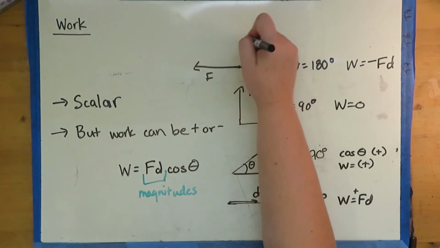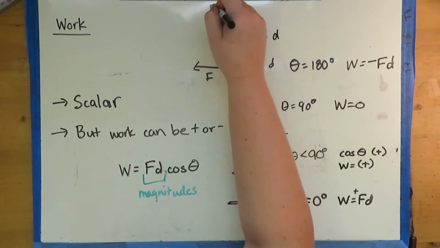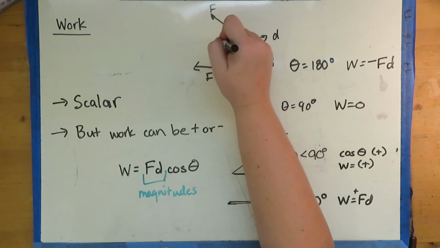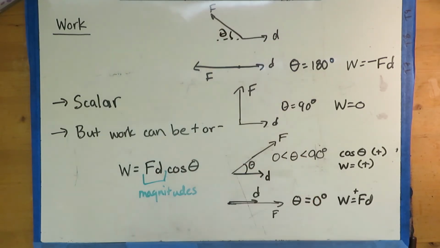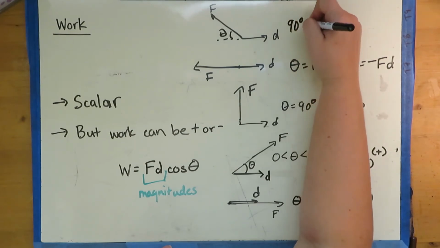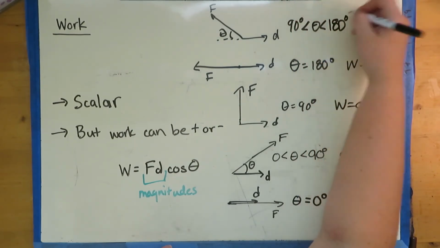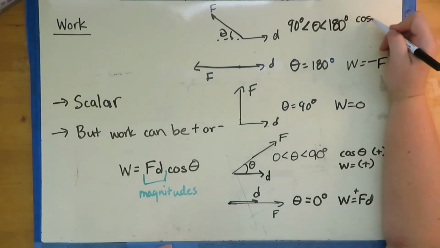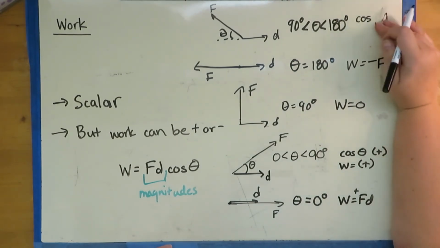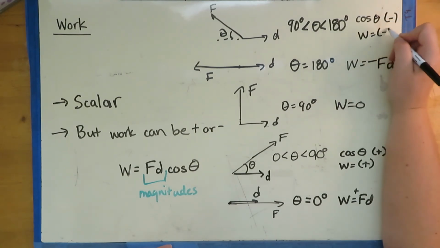So I get a positive F d when they're parallel, and I get a negative F d when they're anti-parallel. I could also have other circumstances here. I could have d, and then I could be at some other angle, and there's my angle theta in that case. So if theta is between 90 degrees and 180 degrees, then our cosine is going to be negative, and our work is also going to be negative.